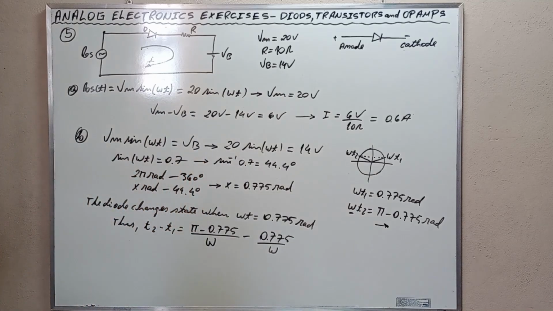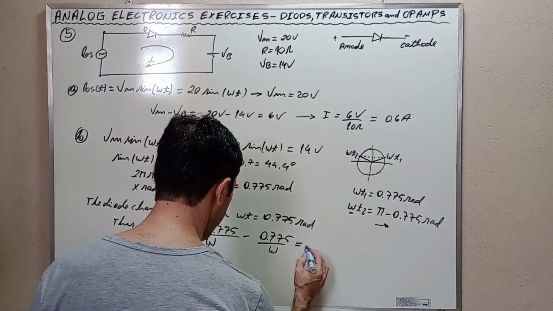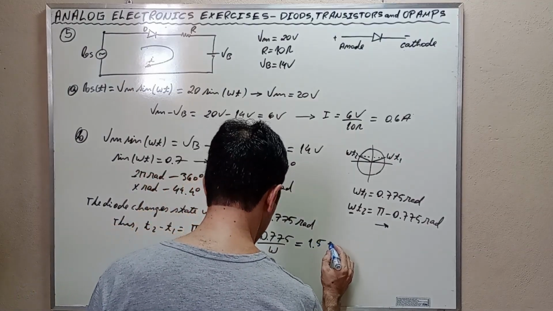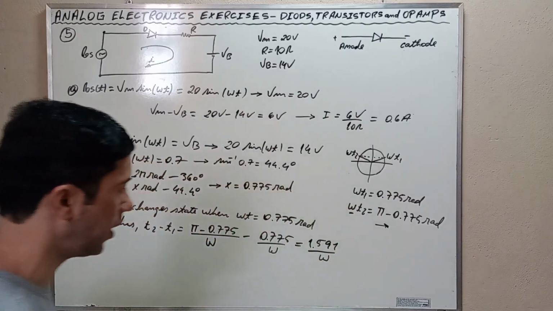And then, if we manipulate, we find that this is equal to 1.591 divided by W. All right?